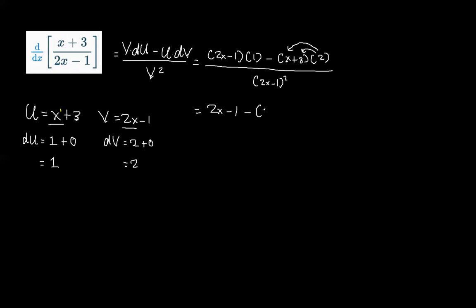So 2 times x will give you 2x. 2 times 3 will give you 6. There you go. All right. So now what we're going to do is simply distribute the negative sign to these terms. So as a result, if you distribute the negative sign, you will have negative 2x minus 6. There you go.